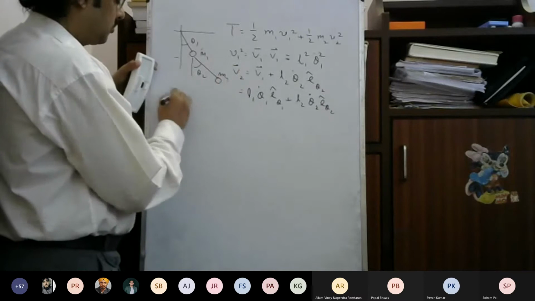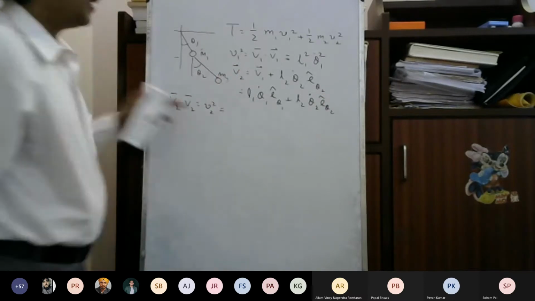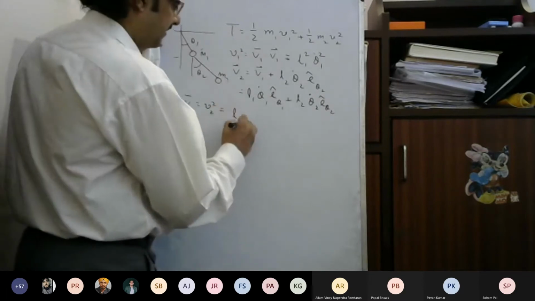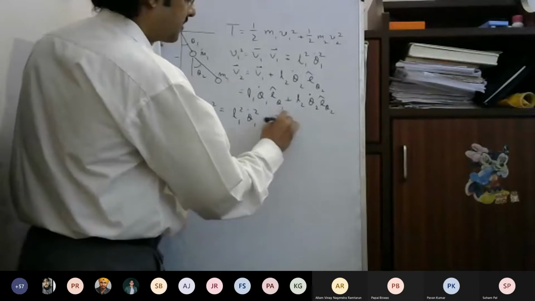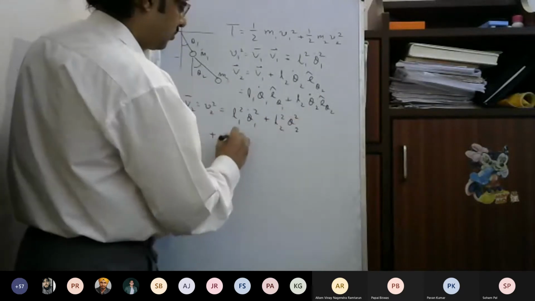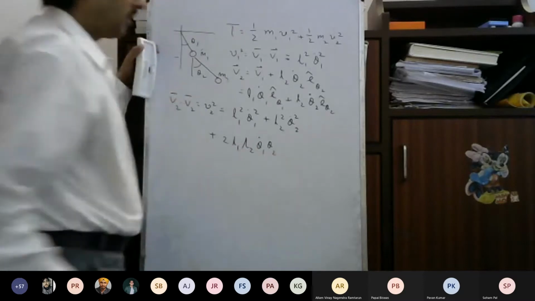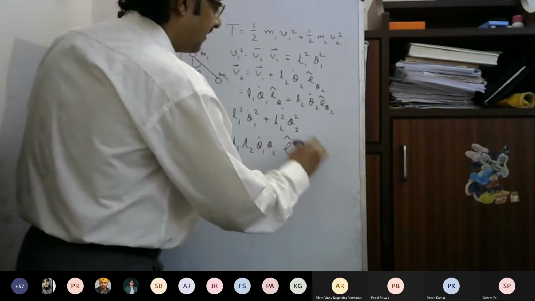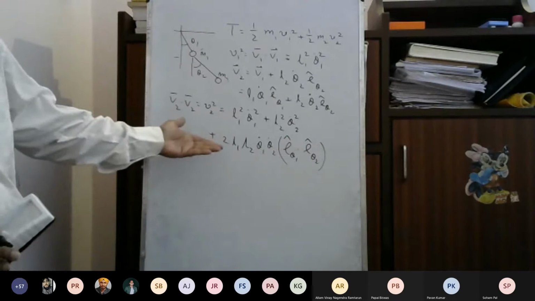So V2 dot V2, which is nothing but V2 square, you can check, will become L1 square theta1 dot square plus L2 square theta2 dot square plus 2 L1 L2 theta1 dot theta2 dot, then E theta1 dot E theta2. So this will be the expression for the velocity.